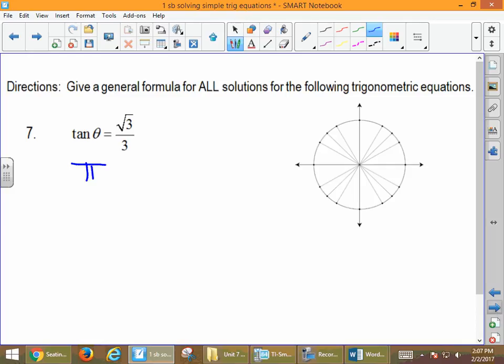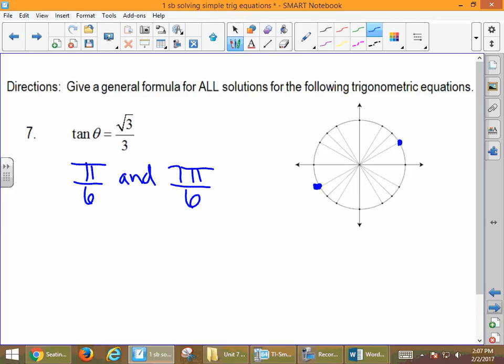Pi over 6, and 7 pi over 6. First quadrant, third quadrant. Well, let's look at our picture now. Pi over 6 is here on the unit circle. 7 pi over 6 is here on the unit circle.